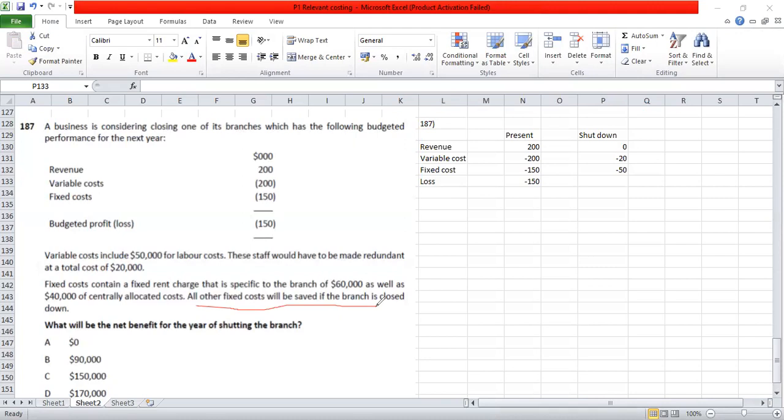Fixed cost contain a fixed rent charge. And they say other fixed costs will be saved. So 100 will be fixed costs that are incurred, that should have been saved by some logic. So fixed rent cannot be saved. So 60 is there. Centrally allocated, when the activity is not carried out.